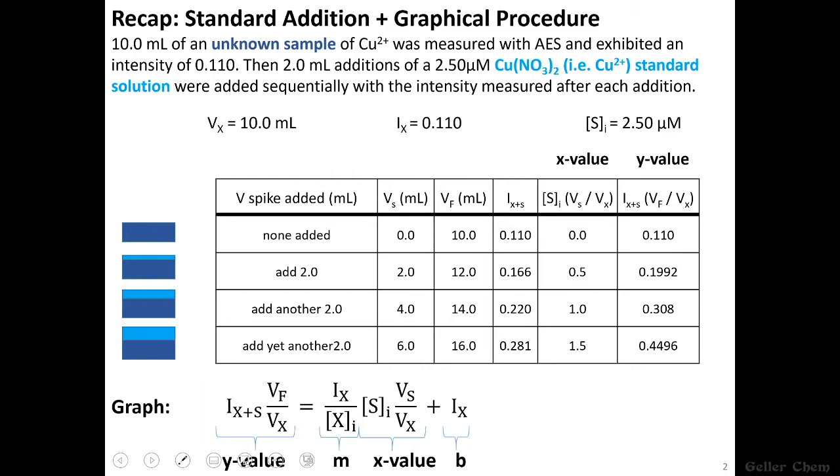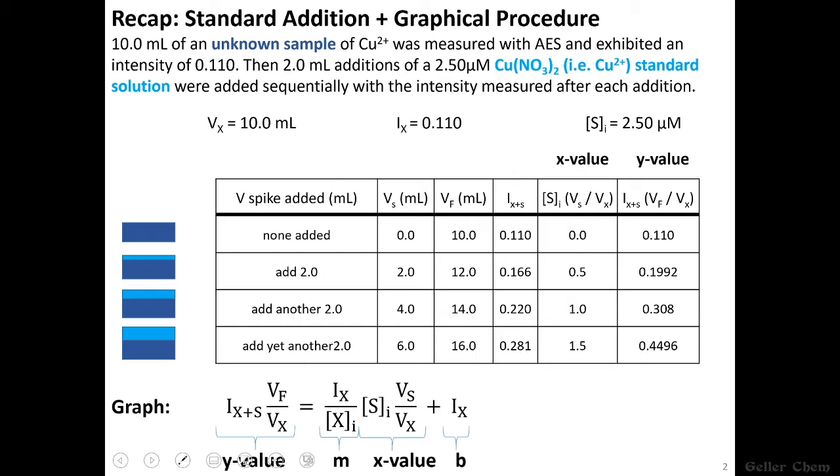What we do is for each data point, we take the initial concentration of standard before any mixing occurred, multiply by the volume of standard for that particular data point, and then divide by the initial volume of the unknown. And if we do that for all 4 of these data points, that gives us these 4 values here. And those are the numbers that will go on the x-axis of our graph.